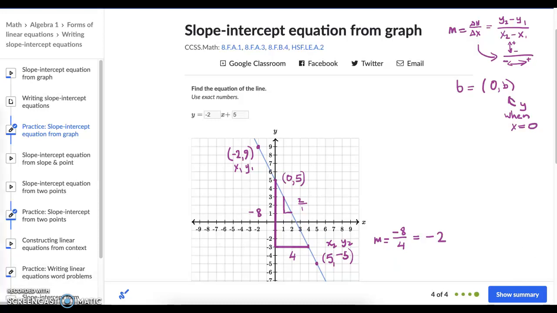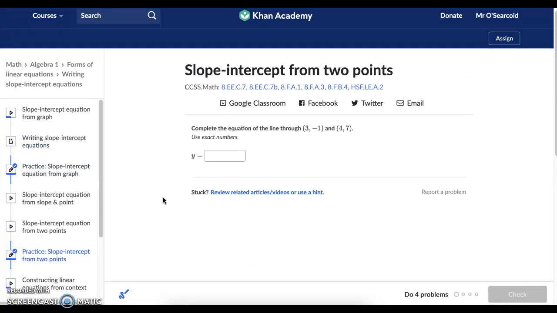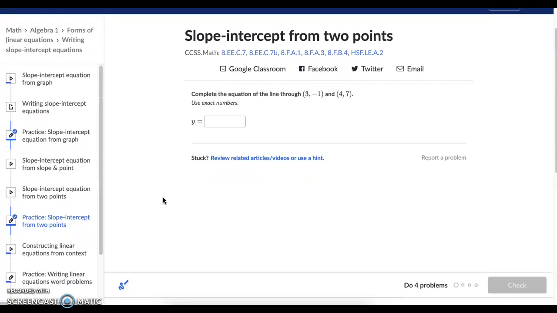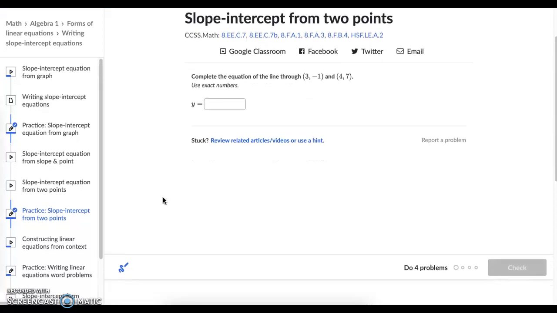Okay, moving on, we're going to take a look now at the second one right down here: slope-intercept from 2 points. Once again, our slope m is the change in y over the change in x, and specifically, as I pointed out in the previous example, this was y2 minus y1 over x2 minus x1.